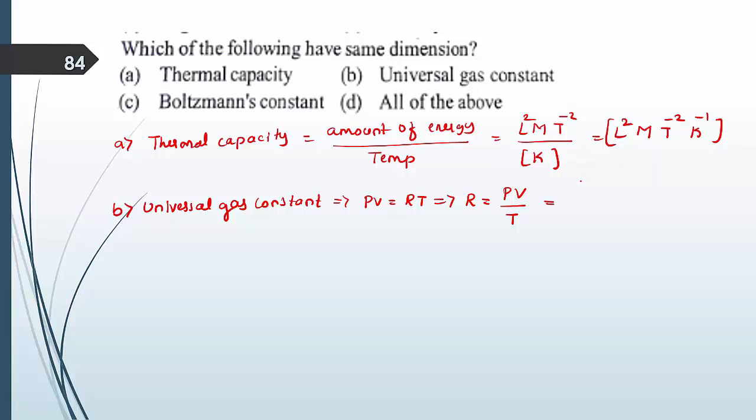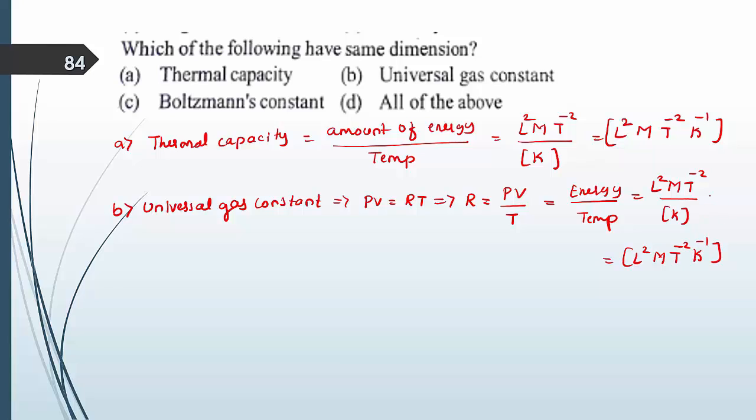You have studied isothermal process and adiabatic process, and you already studied about PV diagram. This is energy here. Energy over temperature. So energy means M L square T raised to minus 2 divided by temperature, which is Kelvin. Again we can get the same answer, that is M L square T raised to minus 2 K raised to minus 1.